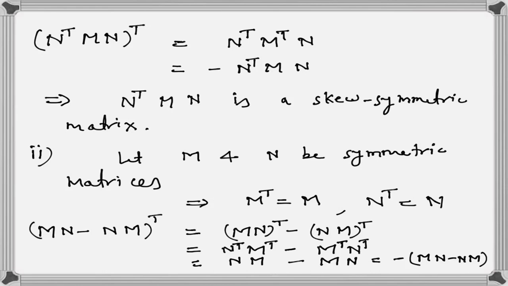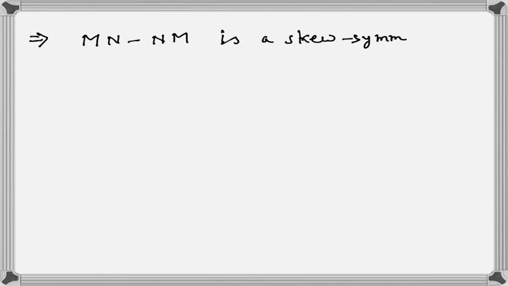So (MN minus NM) transpose is the negative of (MN minus NM). So this implies MN minus NM is a skew symmetric matrix. Okay, so this is how we prove both the parts.